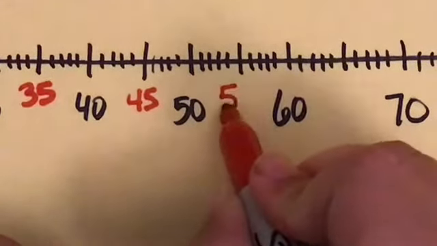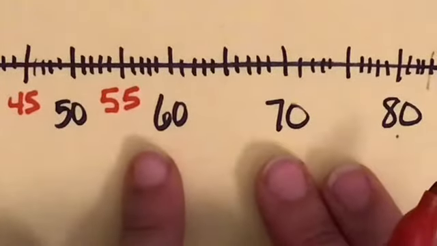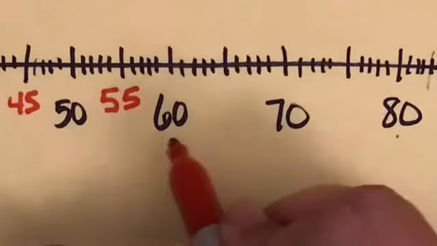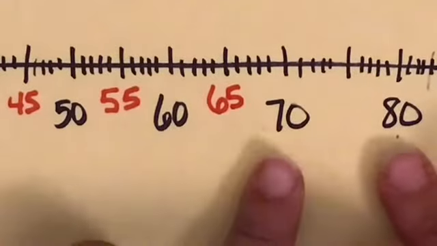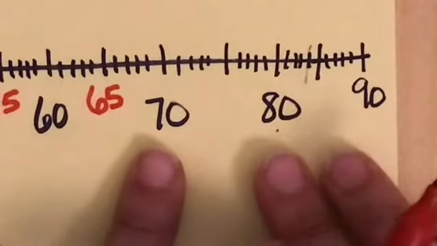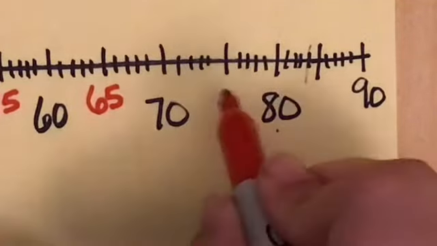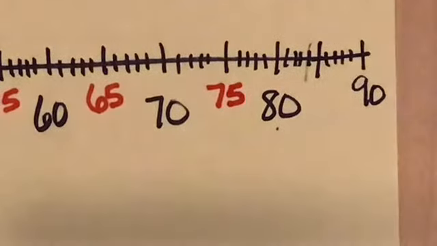You should have put 55. What's halfway between 60 and 70? Write it down now. 65. What's halfway between 70 and 80? Write it down now. You should have put 75.